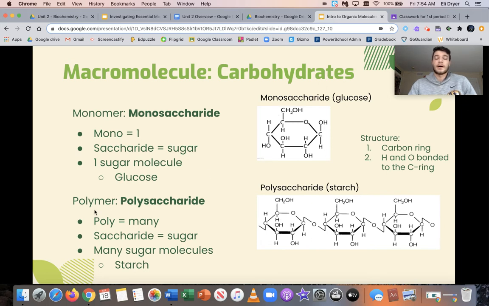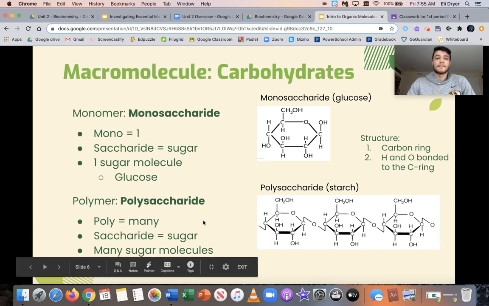Now let's look at the polymer. Remember, a polymer is monomers bonded together. Polymers are only monomers bonded together. That's it.